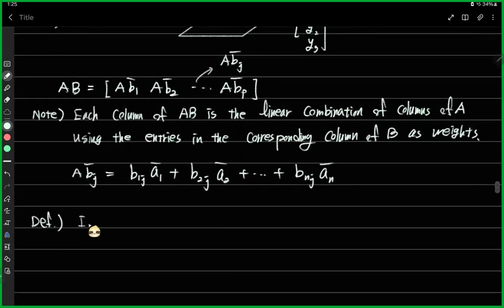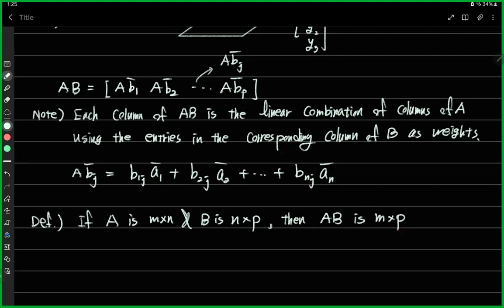So definition: if A is an m by n matrix, and B is an n by p matrix, then AB is an m by p matrix. The AB is going to be a matrix whose size is m by p. So AB is A times B1 bar, A times B2 bar, through A times Bp bar.